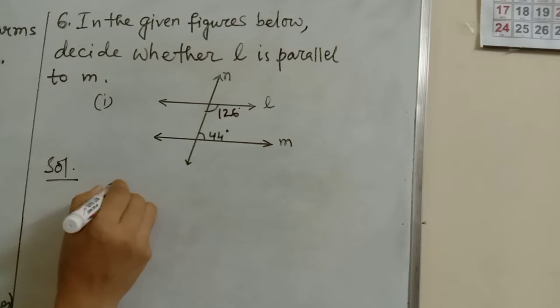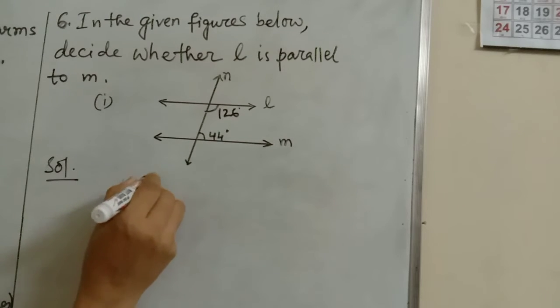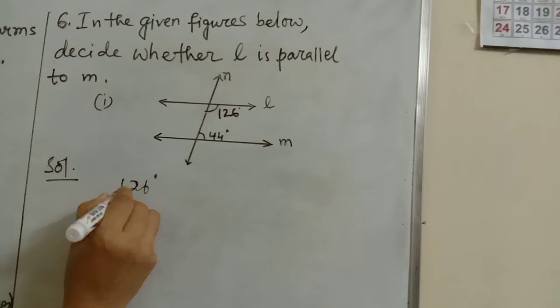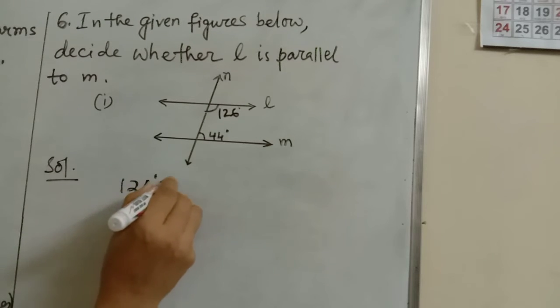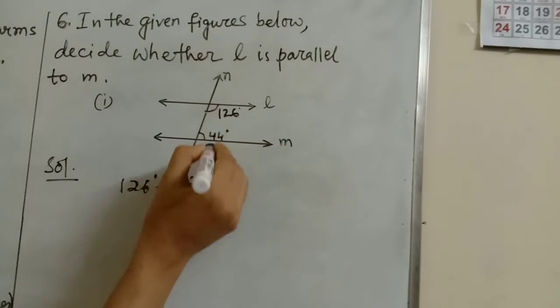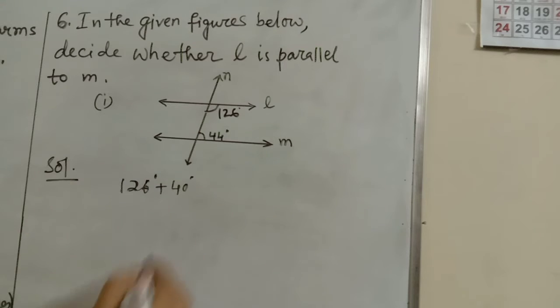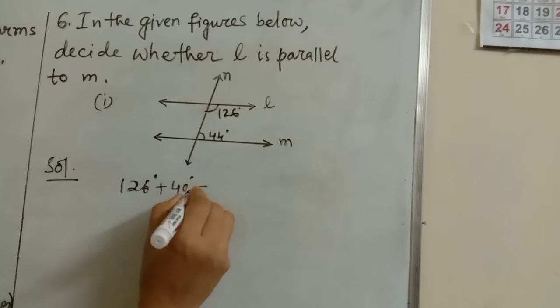Given L is 126 degrees and 44 degrees. These are in the place of co-interior, consecutive interior angles.